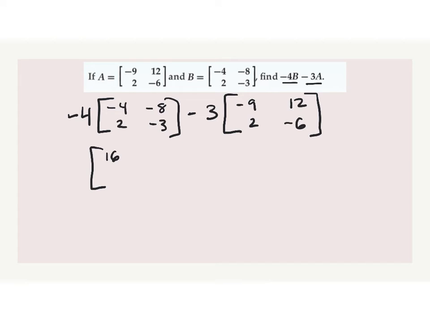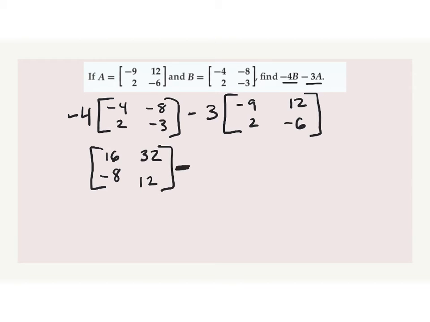Negative 4 times negative 8. 32. Remember, negative times a negative is a positive, so both of those are positives. Negative 4 times 2. Negative 8. And negative 4 times negative 3. 12.